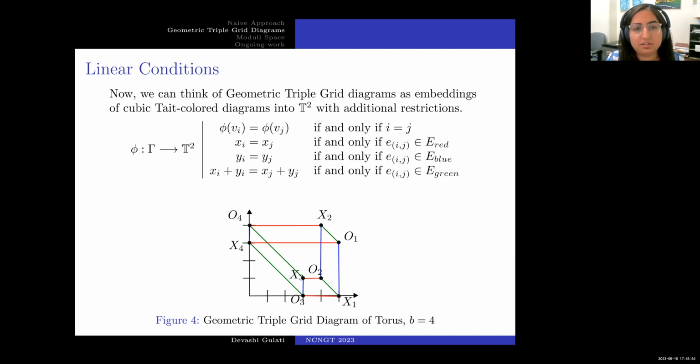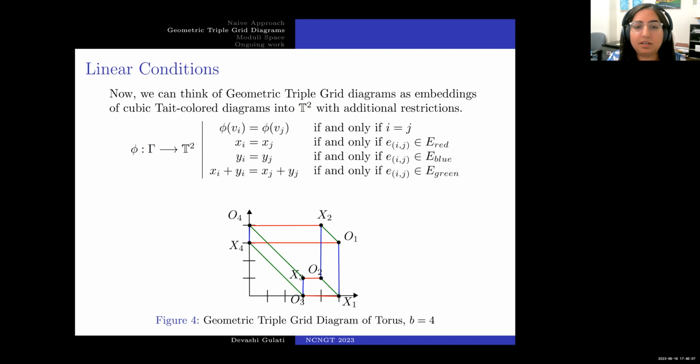The first restriction simply ensures that there's no overlap of vertices. The second one is the same as saying two vertices are on the same horizontal line if and only if they're connected by a red edge. And two vertices are on a vertical line if and only if they're connected by a blue edge. Same for the diagonal.